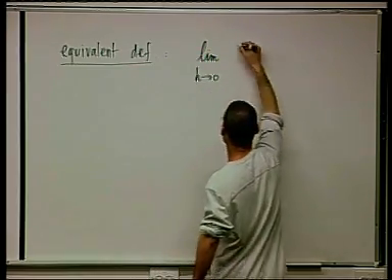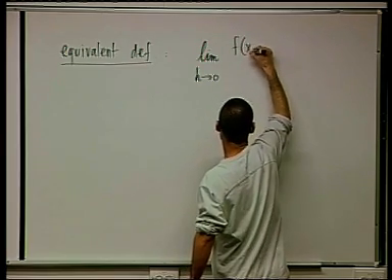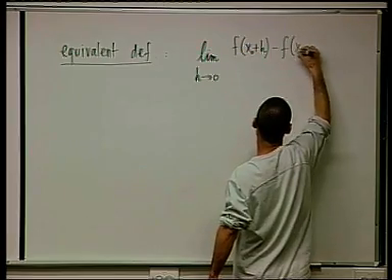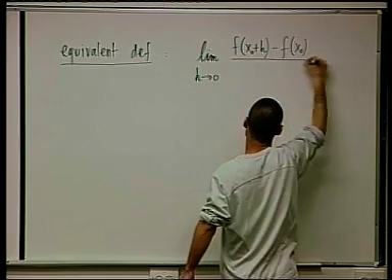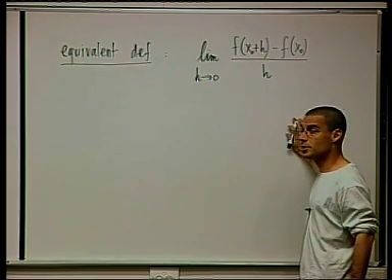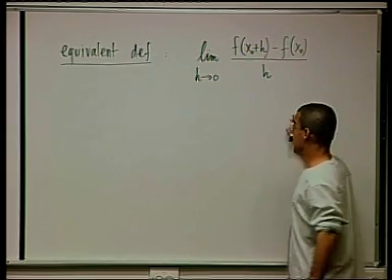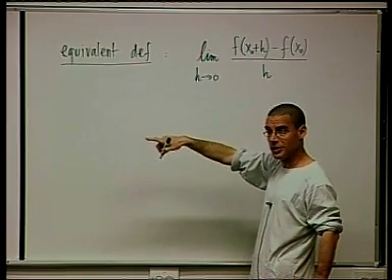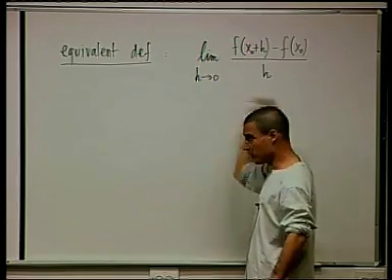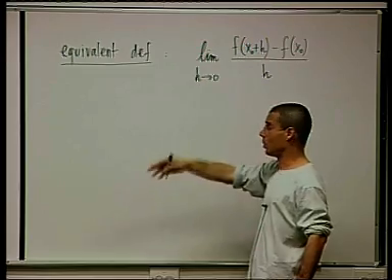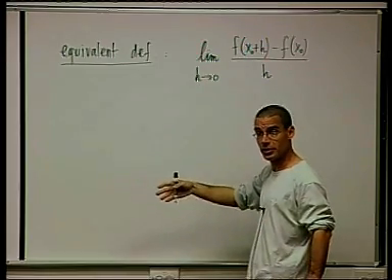The limit as h goes to 0 of f at x0 plus h minus f at x0, divided by h. So what does it mean that this is an equivalent definition? It means that this limit and the limit we wrote before, f of x minus f at x0, are precisely the same limit. They give the same value. They exist if and only if the other one exists.